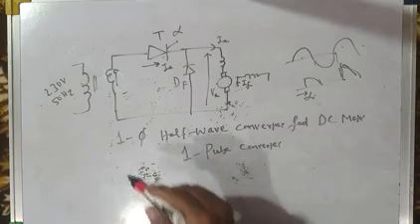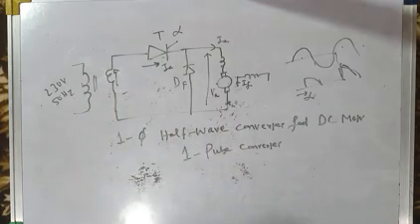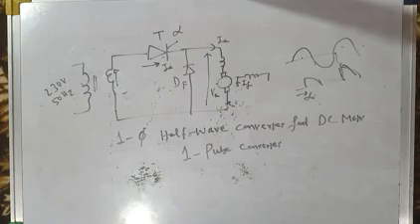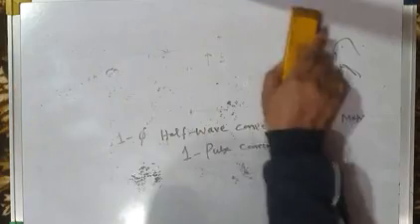So the main drawback is that the transformer carries a very rich DC component of current. That's why this type of converter is generally not used. It is used in exceptional cases, say for toy motors or for very small low power and low voltage rating motors. Otherwise, this type of converter does not find its application.